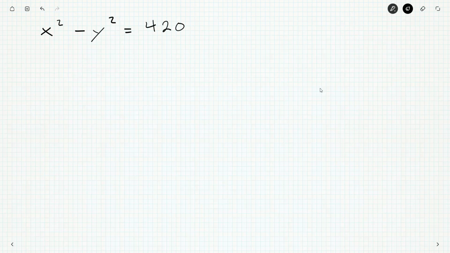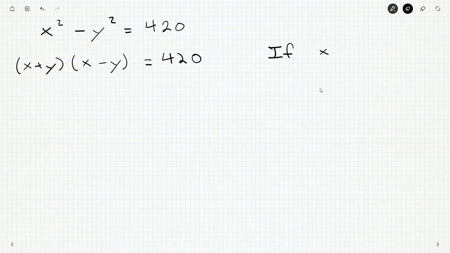But we can, in fact, factor the left-hand side.